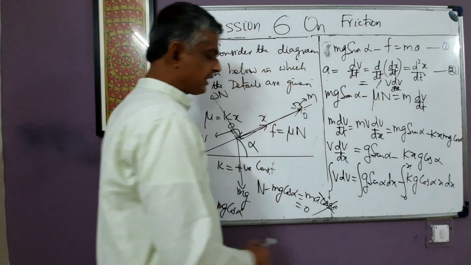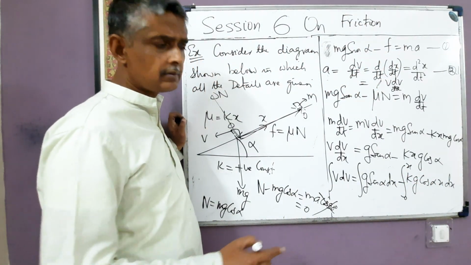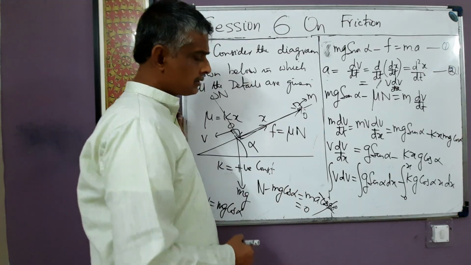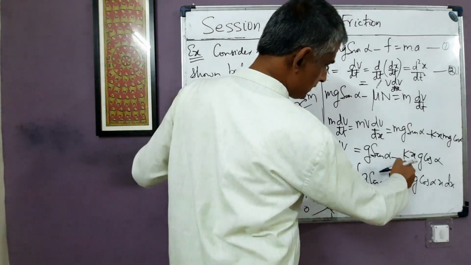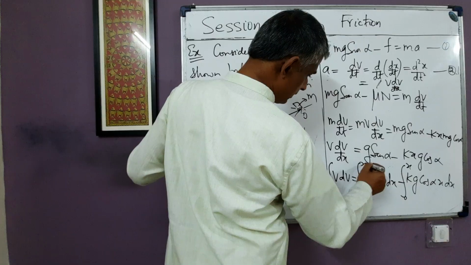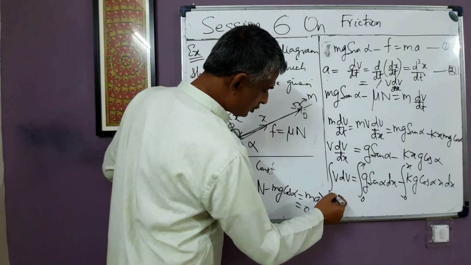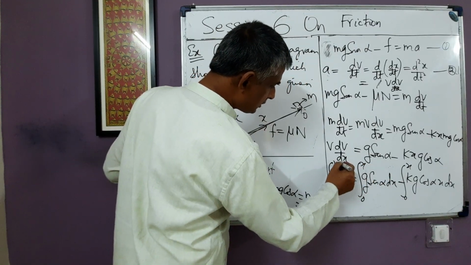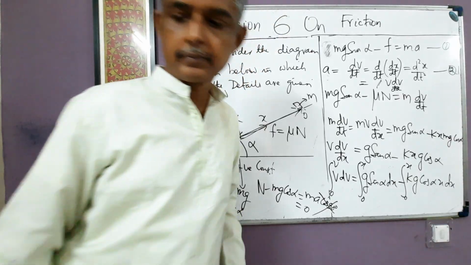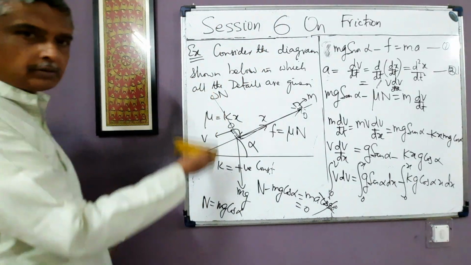Now I integrate this, first not over the total distance but for an arbitrary distance. Suppose in time 0 to t it has covered a distance x, and at time 0 the speed was 0, and at distance x covered the velocity becomes v.